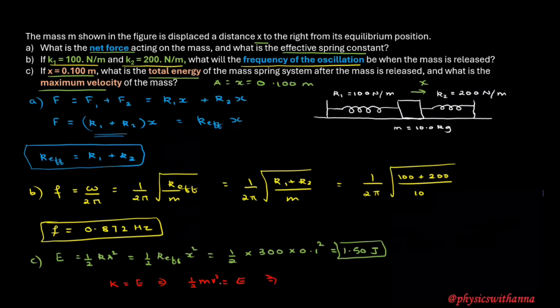So we multiply with 2, divide by m, and take the square root of the whole term. So v becomes equal to square root of 2E over m, which is square root of 2 times 1.50 over m, which is 10. That gives you the maximum velocity to be equal to 0.548 meter per second.